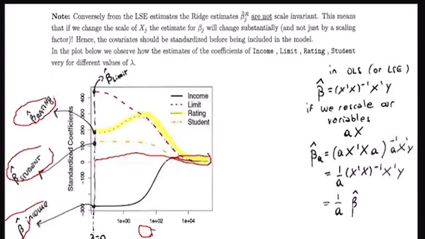But they are not going to be completely eliminated by ridge regression. I just wanted you to take note of that. Also, conversely to the OLS estimate, the ridge estimates are not scale invariant. This means that if we change the scale of X_j, the estimate of beta_j will change substantially, and not just by a scaling factor, as the covariates should be standardized before being included.